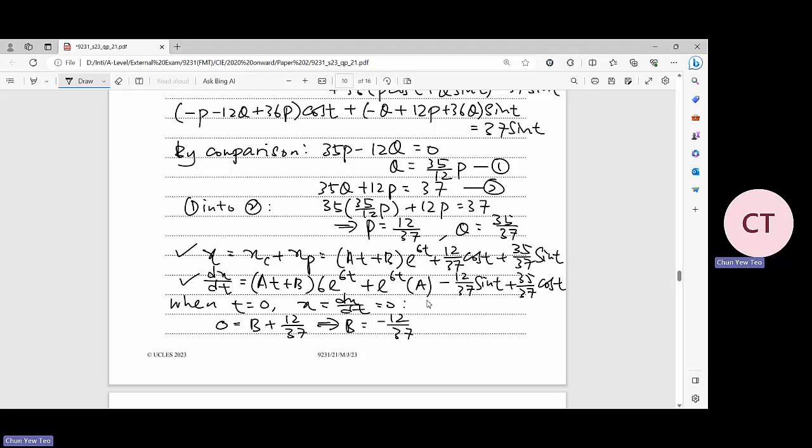Then for the second equation, you are having 0 is equal to 6b plus a minus a 0 plus 35 over 37.